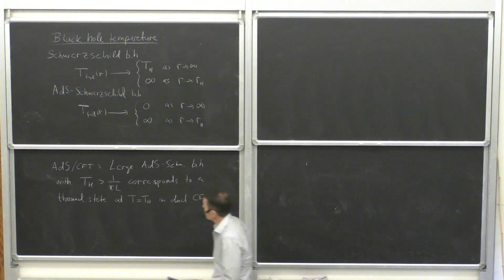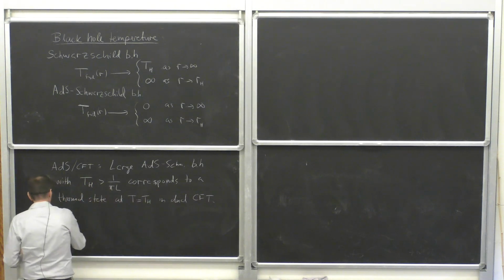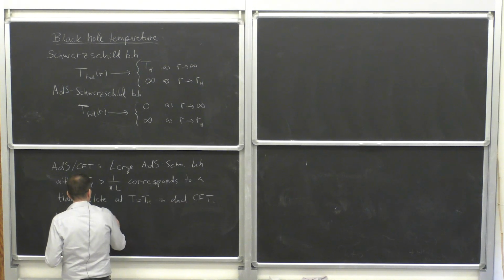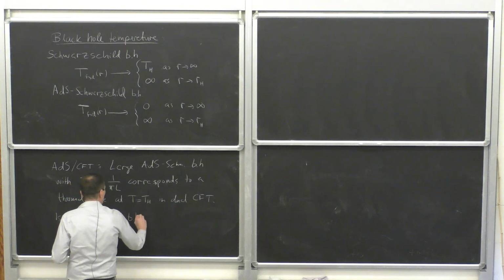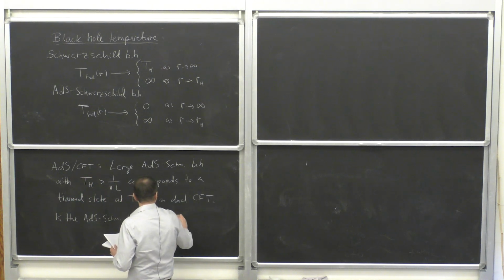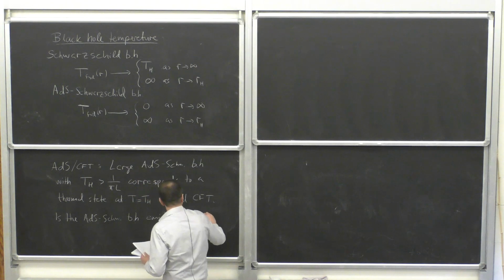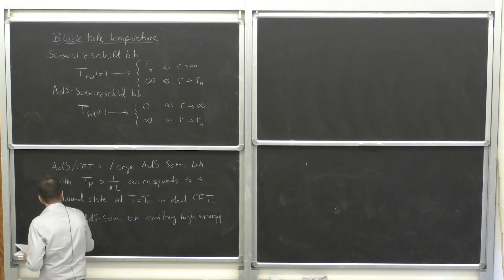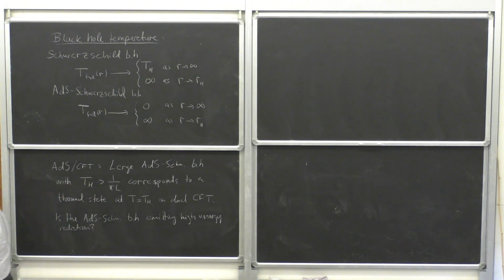And so the first question I want to ask is, is the AdS black hole emitting high energy radiation? So we can ask this question. It's got a very high, and in fact, no upper bound on the Hawking temperature that we can find.